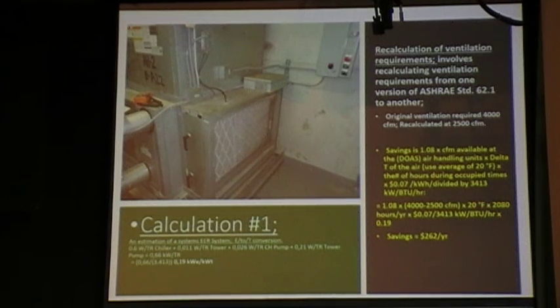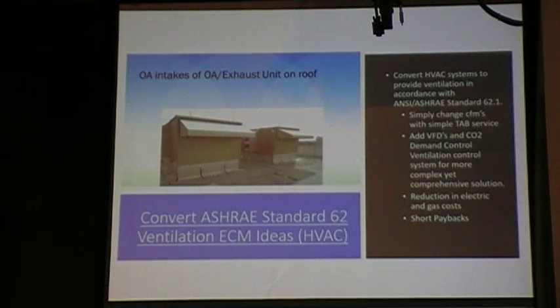So we had a small decrease, and with that small decrease, we were still able to save $262 a year. Now, that doesn't sound like much, I understand, but there's like 100 of these in the building. So a lot of these are very small, but if you take the very small number and multiply it times 100 or 500 or 50 or whatever, you can come to a good number, right?